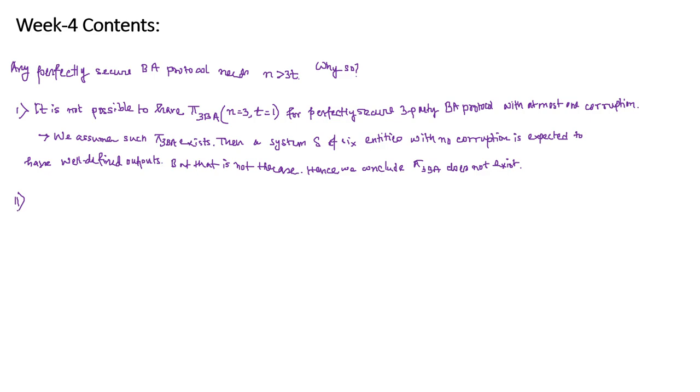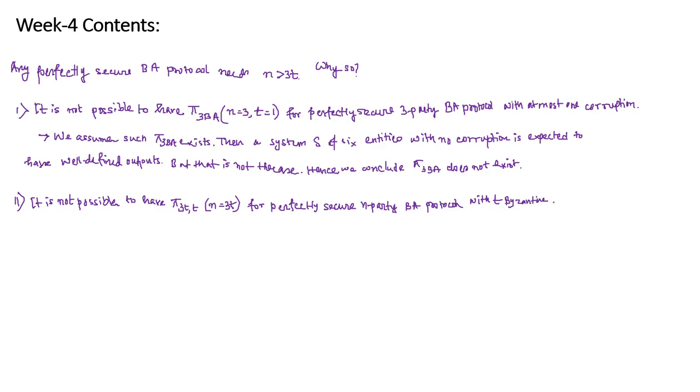And then we again formally prove that it is not possible to have Pi 3t, so n equal to 3t, a perfectly secure n-party BA protocol with t Byzantine corruptions.